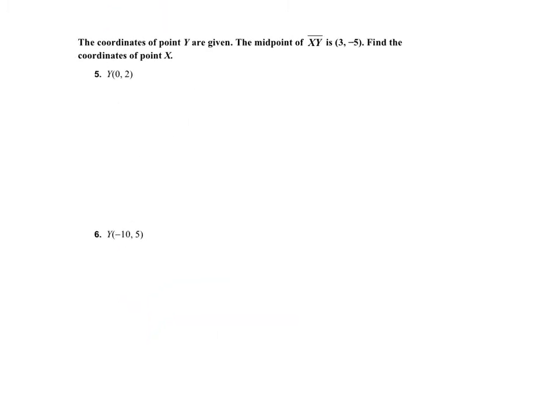So the next one, in this case, I have the midpoint. They're giving me the midpoint, and they're giving me one of the endpoints. So I want to find the other one. Again, my formula is x1 plus x2 divided by 2 and y1 plus y2 divided by 2.